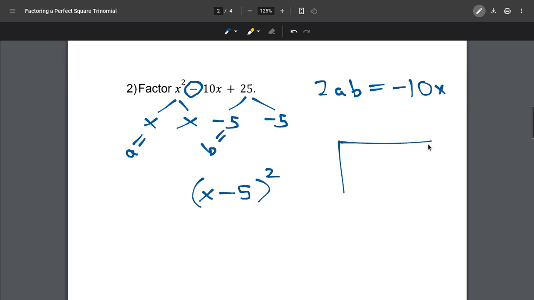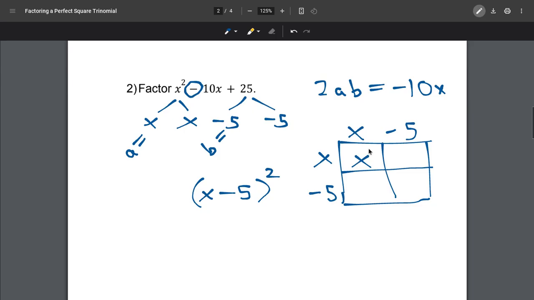As always, we should check this. I like to check it with the Punnett square. You can do FOIL or double distribution, whatever you like, but this is a nice, easy way to check it. So we do x minus 5 times x minus 5. So x times x is x squared. X times minus 5 is minus 5x. X times negative 5 is negative 5x.